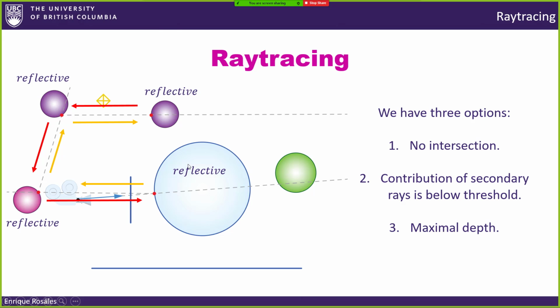So the way you could stop your algorithm is by checking if the contribution of those secondary rays is below some threshold, right?